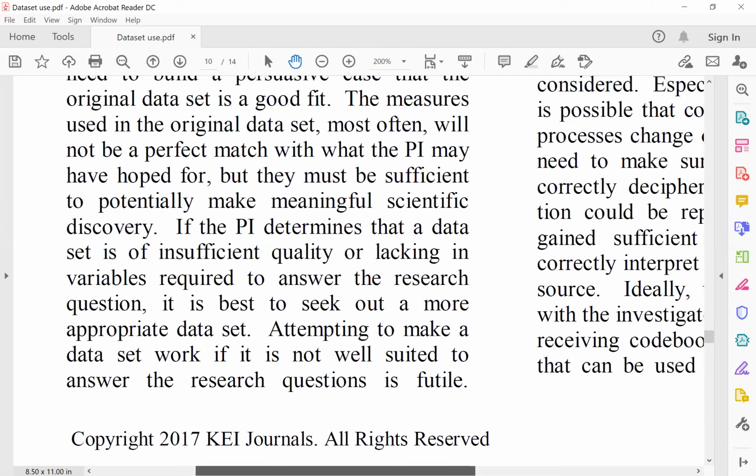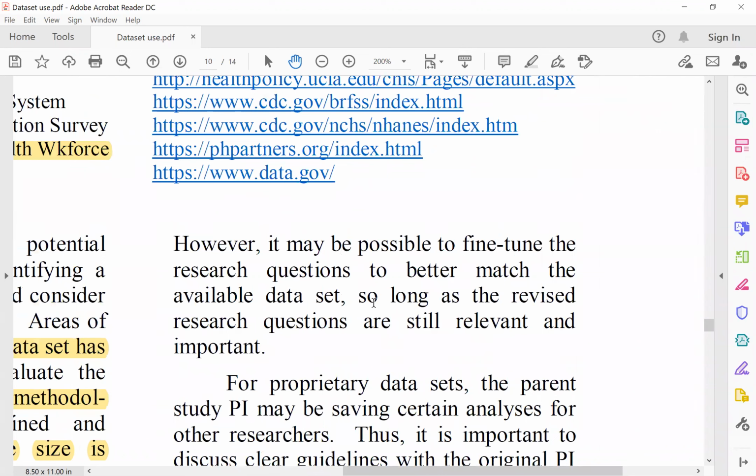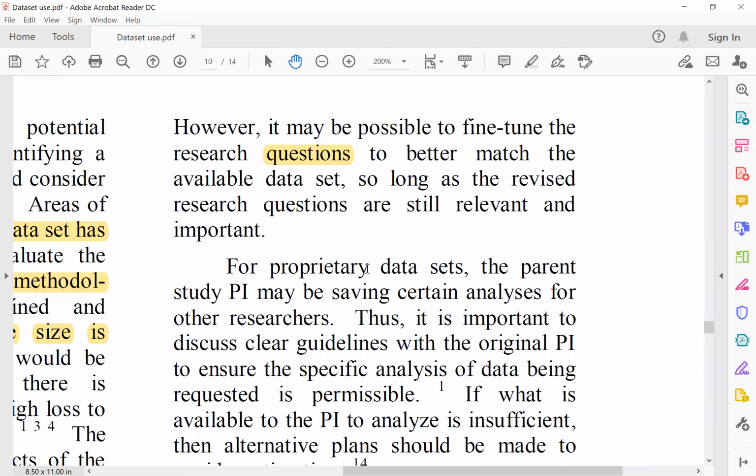Attempting to make a dataset work if it is not well suited to answer the research questions is futile. However, it may be possible to fine-tune the research questions to better match the available dataset, so long as the revised research questions are still relevant and important.